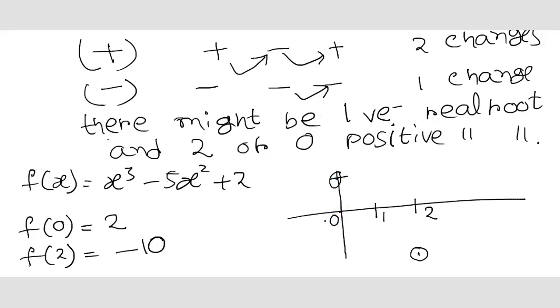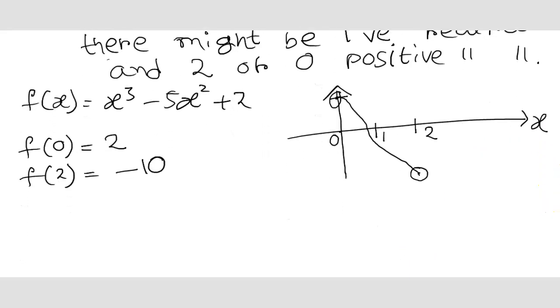Now, as we can see, f(x) is a polynomial function, so it must be continuous. As the graph must be continuous, the graph has to cross the x-axis at least once, otherwise you cannot have the negative value.